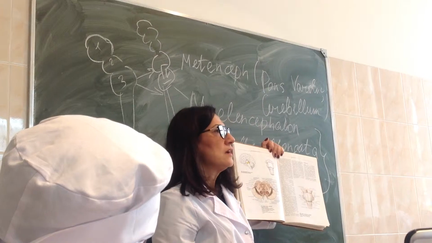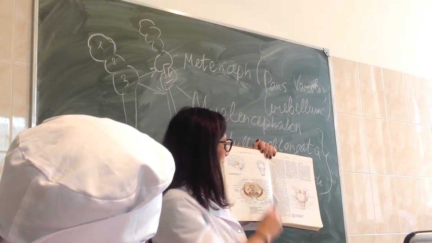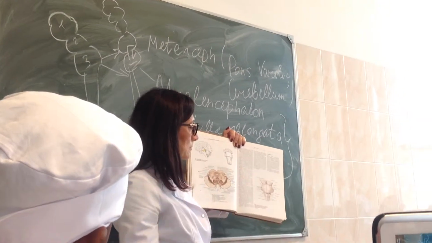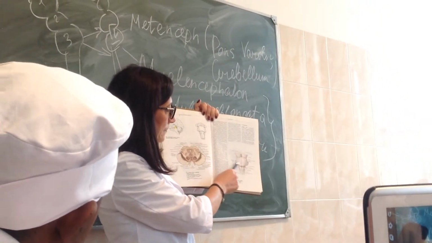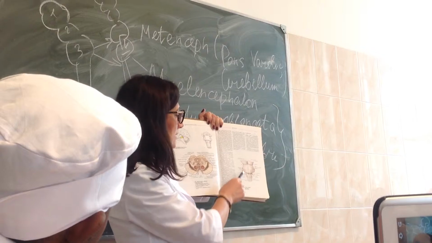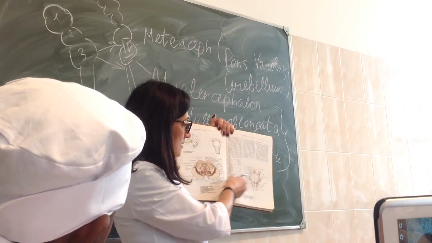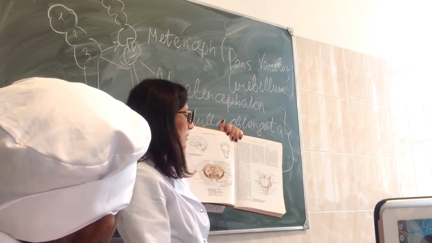The continuation of these lateral parts is called middle cerebellar peduncle. Cerebellum has 3 pairs of peduncles. Pedunculus cerebellaris medius, through which pass fibers connecting pons with cerebellum.